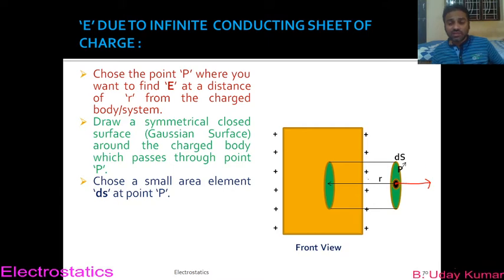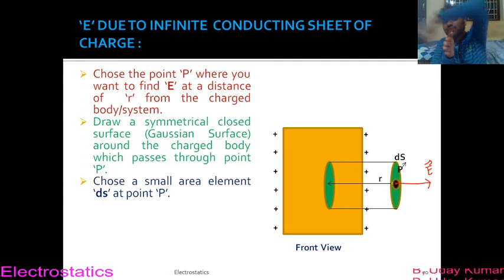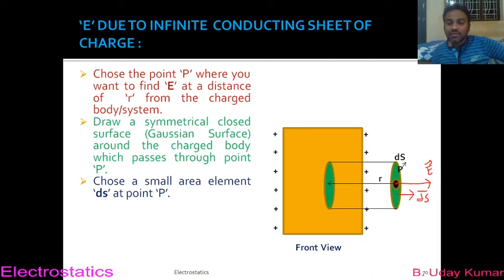Since the positive charge is present here, this will be the direction of electric field intensity, and this is the circular face. This circular surface also will be like this, and the direction of the ds that I have constructed here will be perpendicular to it. That means the direction of ds also will be like this. This we already discussed, but for clarity we are discussing all the points here.